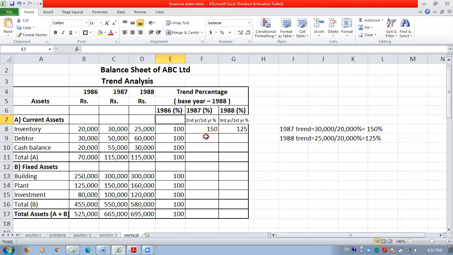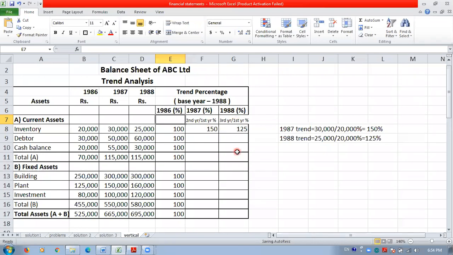But in case of second year and third year, as you want to calculate the trends, the second year is your numerator and first year is your denominator. In case of third year, third year is your numerator and the first year is your denominator. So first year will appear at the base all the time.